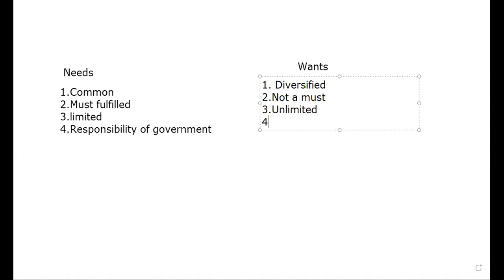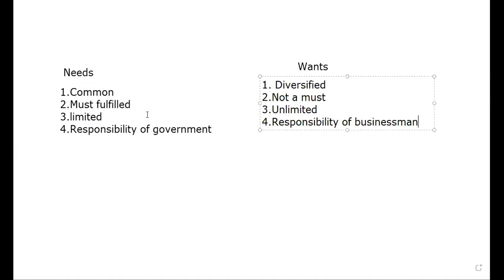Fourth one, fulfilling needs is a responsibility of the government. Then fulfilling wants is the responsibility of the businessman.